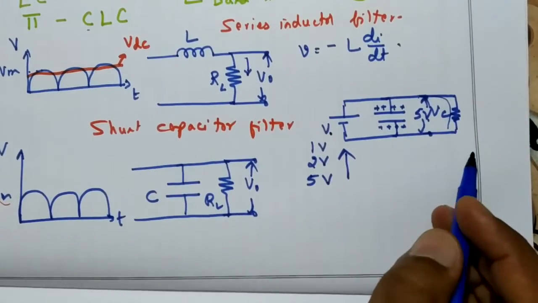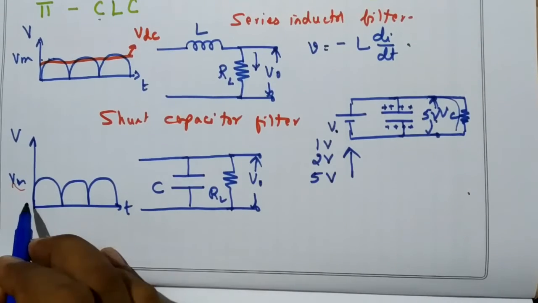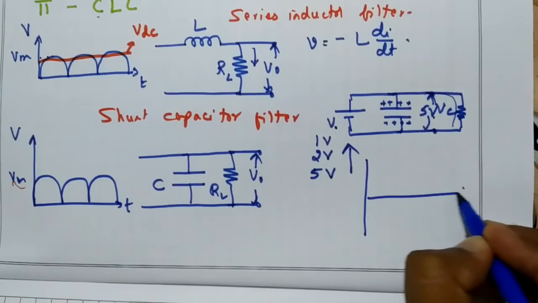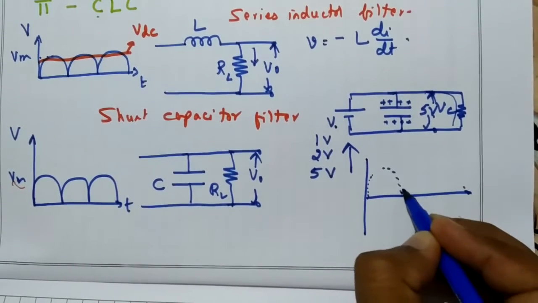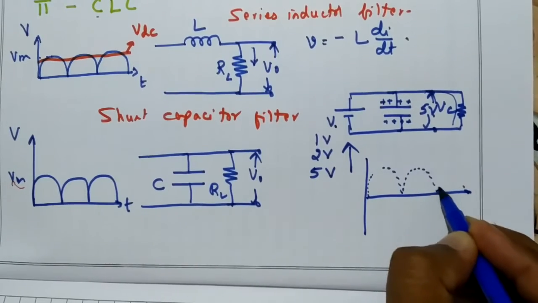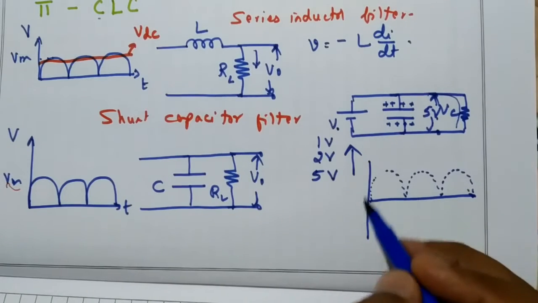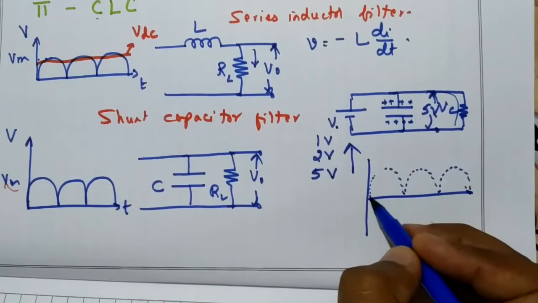Now here what happens? This is the pulsating DC. So here I'll rewrite. This is pulsating DC in the dotted lines. Now from here to here the capacitor will charge at the instant with the input voltage.